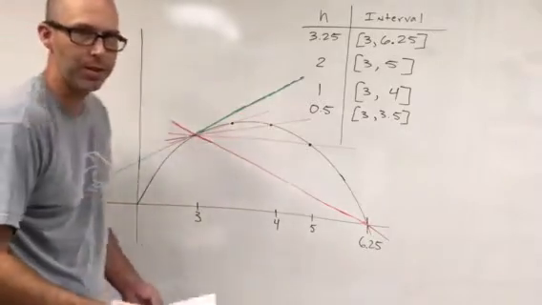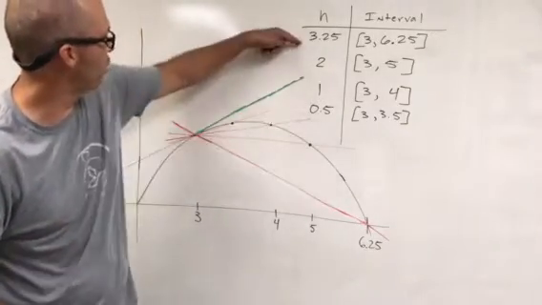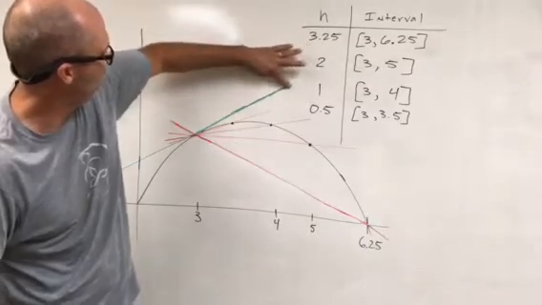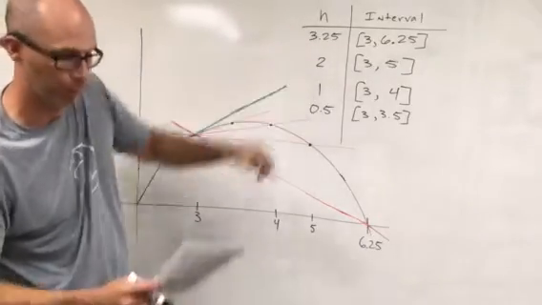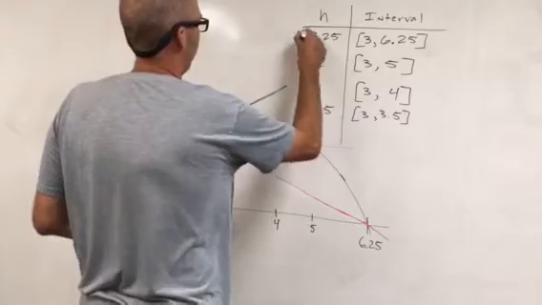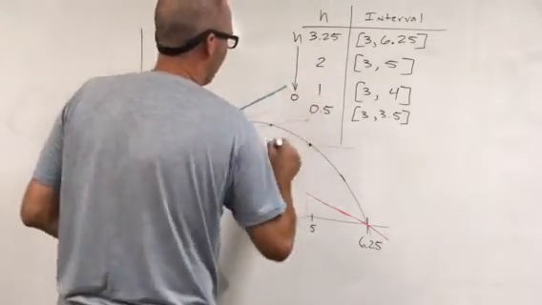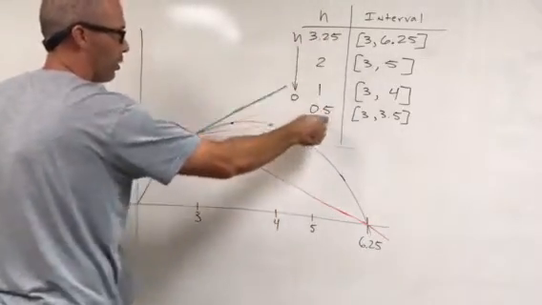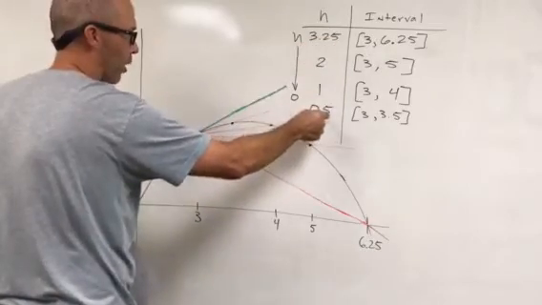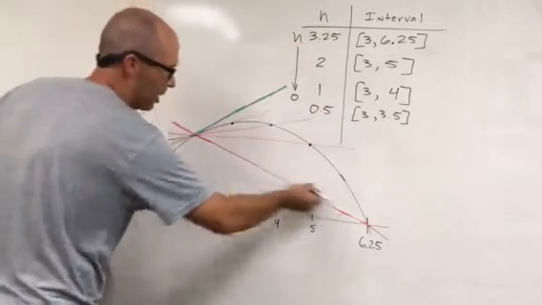Now the thing to notice is as h approaches 0, we're getting closer to 0. As h gets closer to 0, what happens to these secant lines?